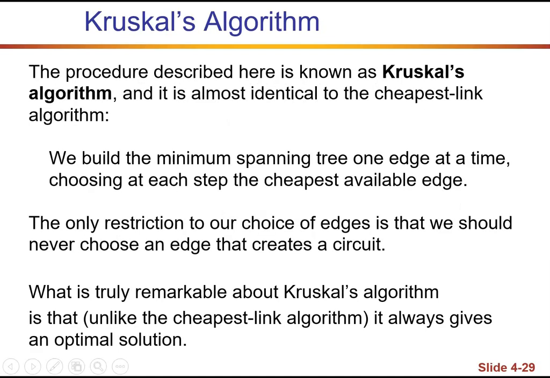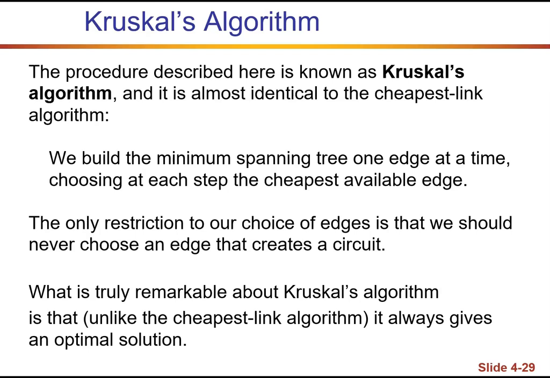Okay, so how do we do this? We're going to use an algorithm, and I'm not quite sure if I'm pronouncing this correctly, Kruskal's algorithm. It's very similar to, if not identical to, the cheapest link algorithm that we learned in the last unit. We'll build the minimum spanning tree one edge at a time, choosing at each step the cheapest available edge.